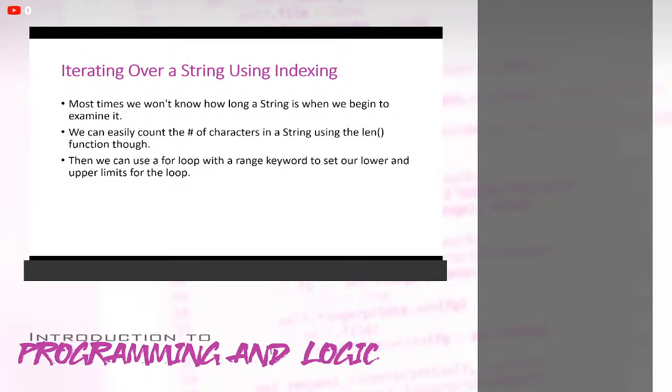So if we want to be able to iterate over this string without first knowing how many characters are in the string, we need to have a way that we can programmatically count all the characters in the string, and we already have a function built into Python that does that for us, which is the len function. And so there we can use a for loop, or we can use a while loop, either one. I'll show you examples of both.